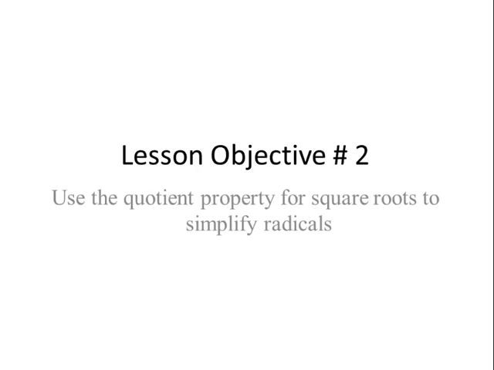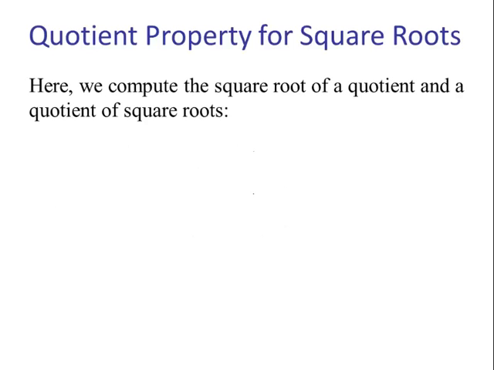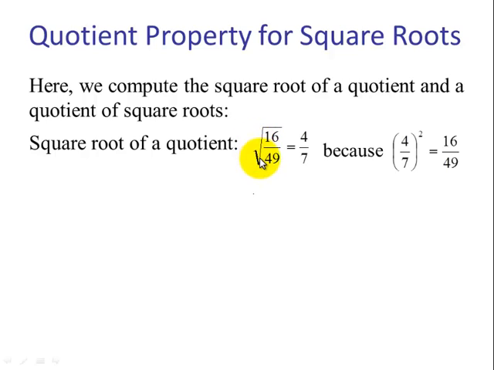Lesson objective: quotient property for square roots. Here we compute a square root of a quotient and a quotient of square roots. Square root of a quotient: the square root of 16 divided by 49 is equal to 4 divided by 7, because if you take 4 divided by 7 and square it, you get 16 over 49.